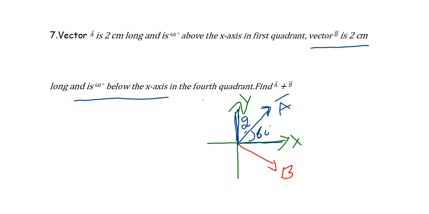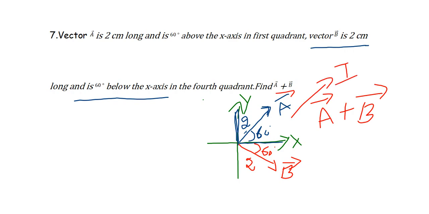How much long it is? 2 centimeters and is making an angle of 60 degrees below the x-axis. Now find out a bar plus b bar. So here the vector a bar is in first quadrant. Vector b bar is in fourth quadrant. So let us solve this.